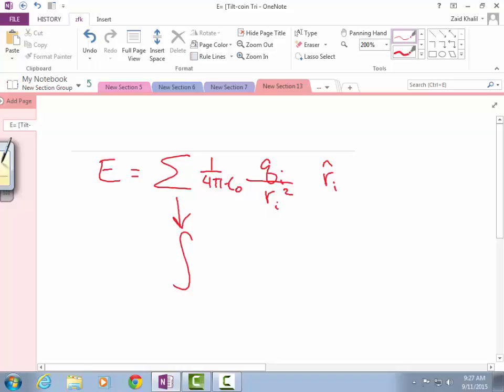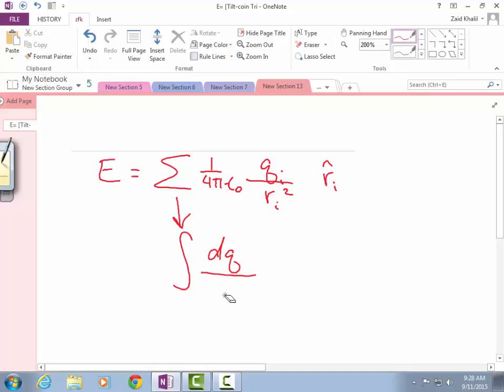And so instead of your qi, that's going to become your dq. In other words, you're summing up over each of these little infinitesimal elements of charge. And each of those infinitesimal elements of charge are how far away from the test charge? They're each r squared away.